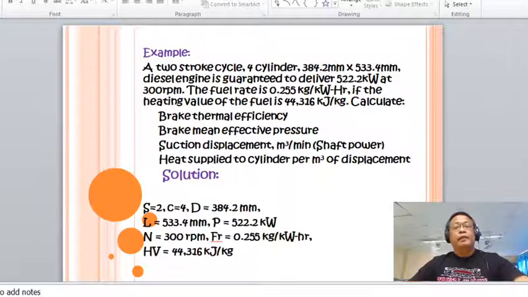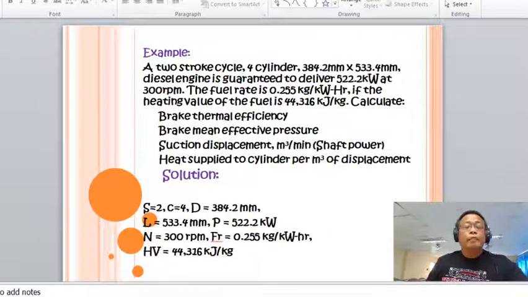The fuel rate is 0.255 kilogram per kilowatt hour. If the heating value of the fuel is 44,316 kilojoules per kilogram, calculate the brake thermal efficiency, brake mean effective pressure, and suction displacement in cubic meter per minute per kilowatt of shaft power, and the heat supplied to the cylinder per cubic meter displacement.